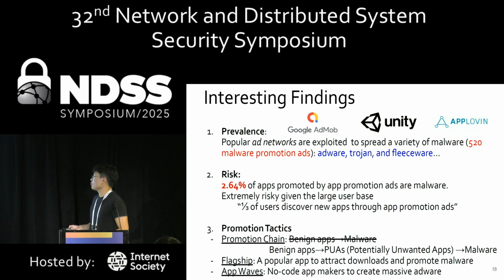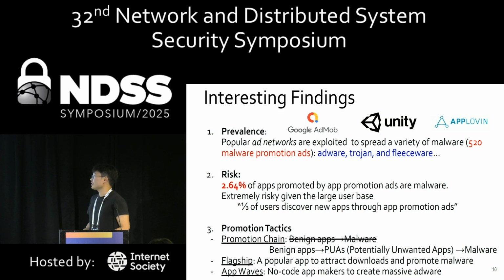The promoted malware includes adware, Trojans, fleeceware, and so on. 2.64% of all ads promote malware. We think this is a large percentage because, as we said at the beginning of our slides, one third of all users discover new apps through app promotion ads. Considering this large user base, this rate is quite risky.